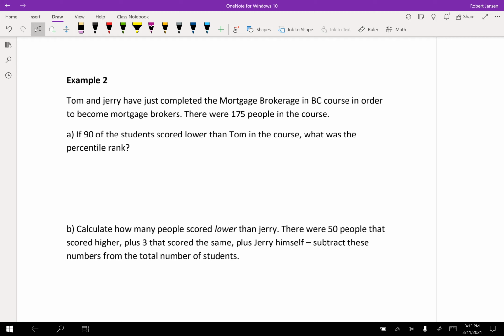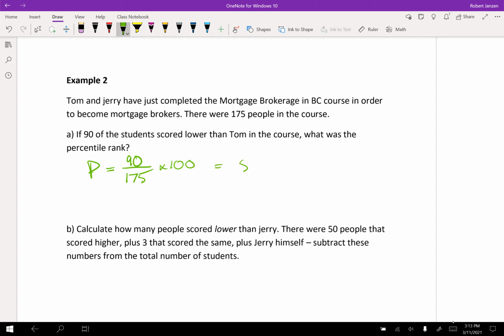All right, next one. Tom and Jerry have just completed the mortgage brokerage in BC course. In order to become mortgage brokers, there were 175 people in the course. If 90 of the students ranked lower than Tom in the course, what was his percentile rank? Okay, his percentile rank will be how many students were below him? 90 out of 175, and then times 100.